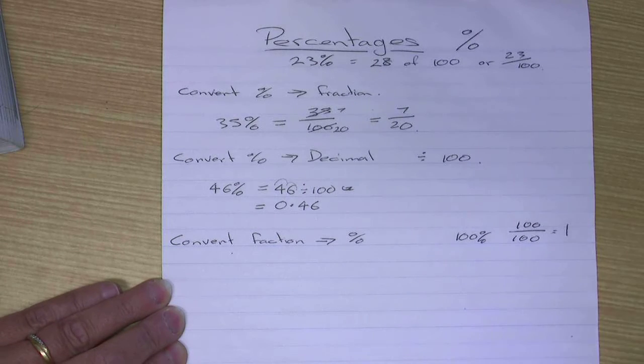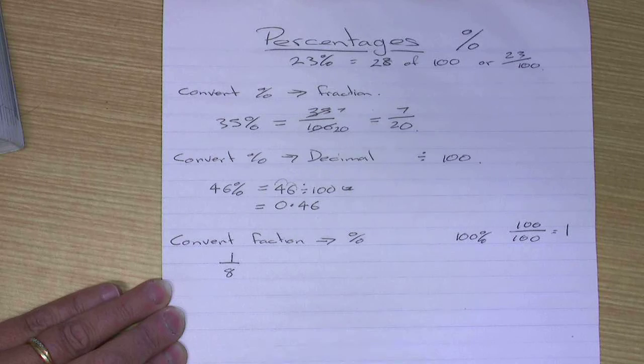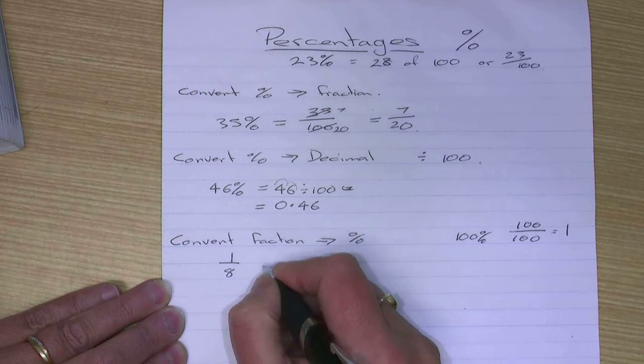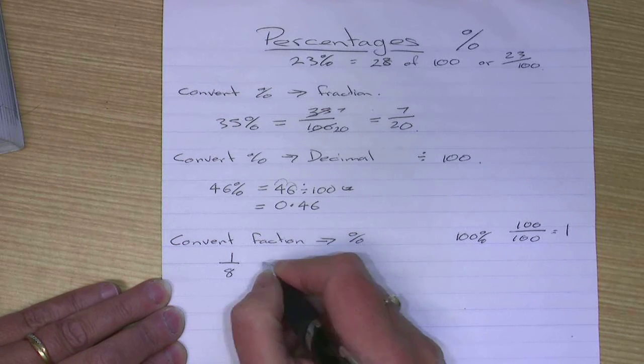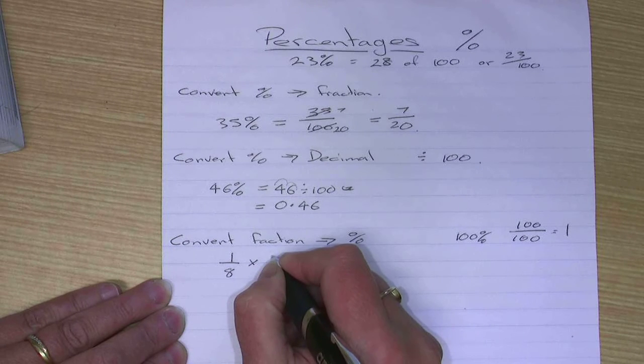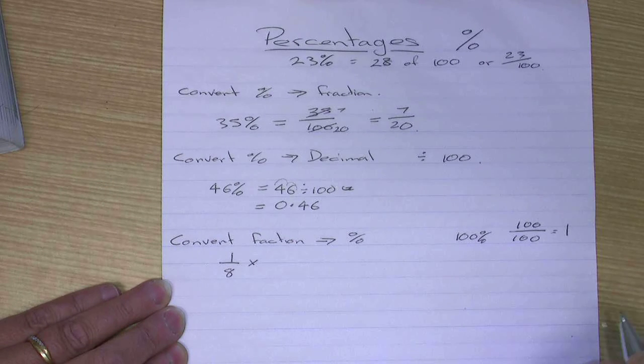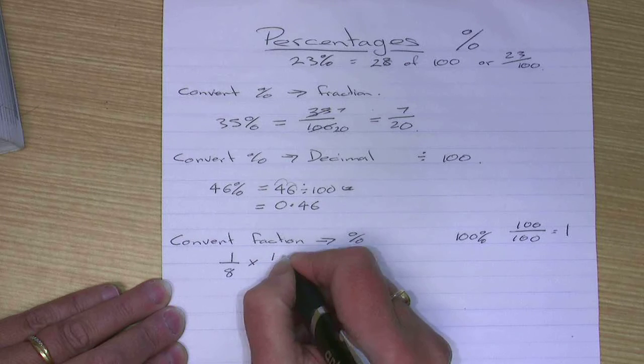So if I put 1 over 8, that's my fraction, and if I want to turn that into a percentage, I multiply that by 100%, which is 100 over 1.